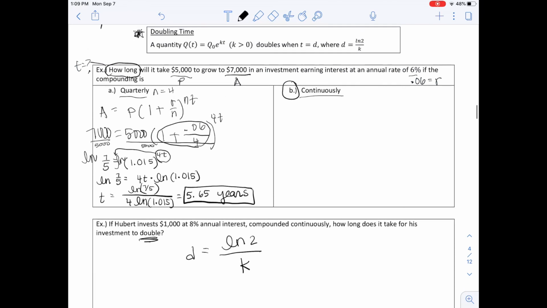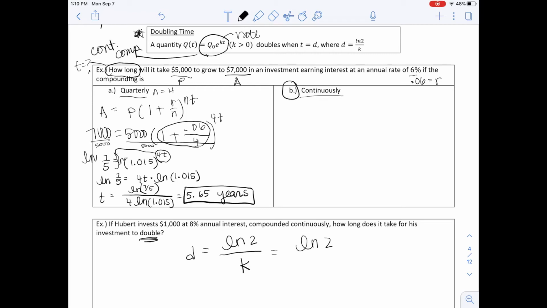So looking back up at our formula here, it says a quantity Q of t is equal to Q naught e to the kt. And again, this is continuously compounded. And it doubles when t is equal to d, where d is equal to ln of 2 divided by k. And if you see, k is going to be our rate that we would have.